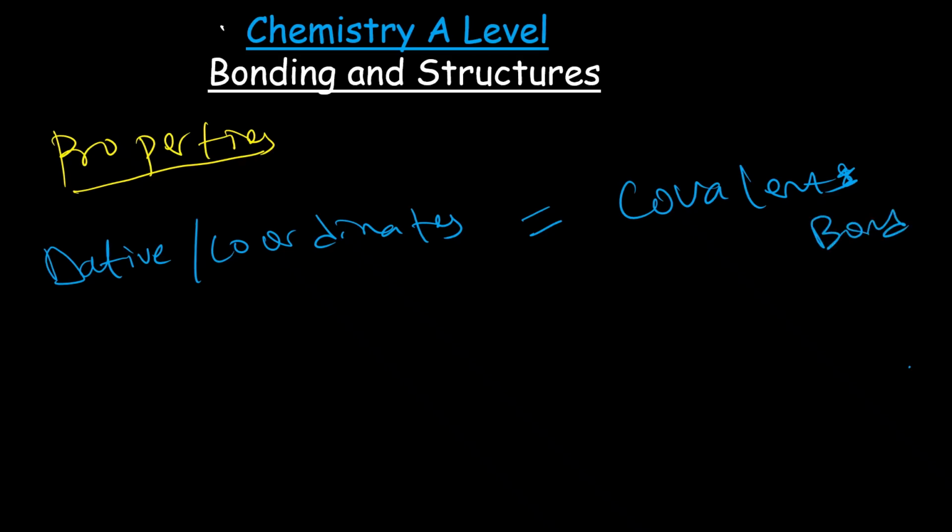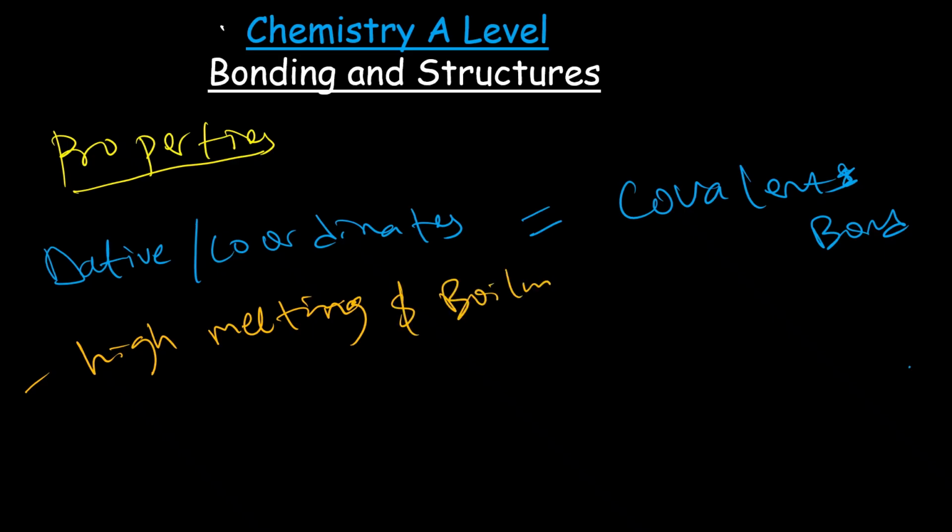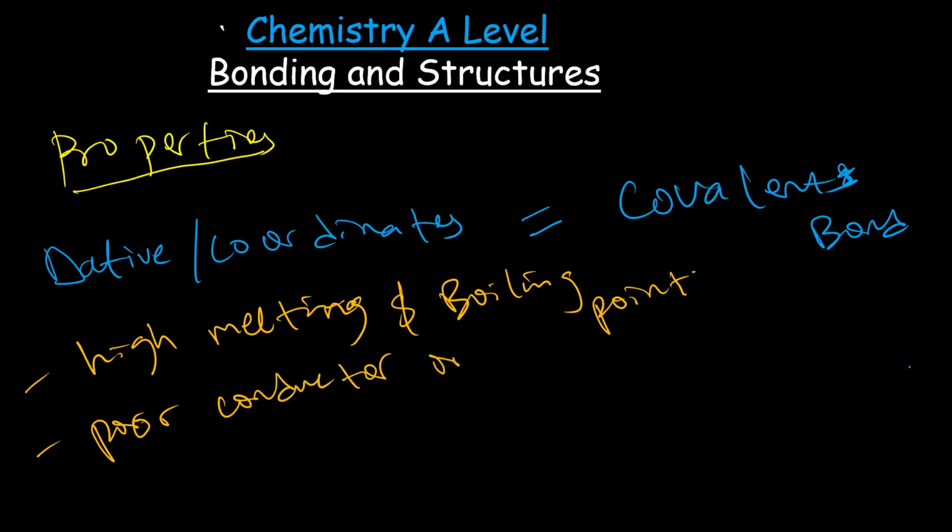Now, a covalent bond has a strong force of attraction, so it's going to have high melting and boiling points. They are also poor conductors of heat and electricity because they don't have free moving electrons as well.